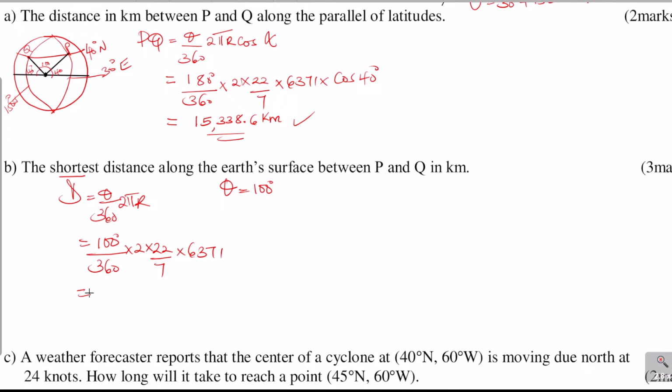And when you work out this one using the calculator, you will get 124.0 kilometers. You can see when you compare the two distances, the distance along the parallel of latitude is 15,338.6. Then you can see the shortest distance is shorter. So that is how you're supposed to work that out.